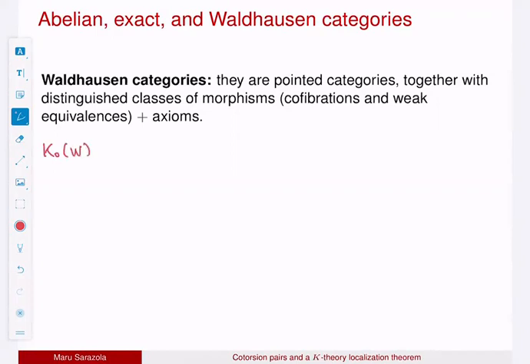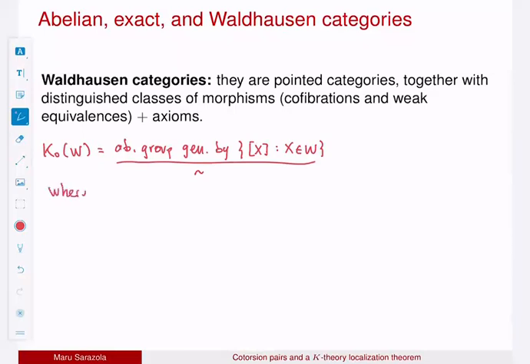So again, K0 of a Waldhausen category is defined in a similar way. So this is going to be the abelian group generated by the same set. So we take one representative for each object in our category, and we mod that out.